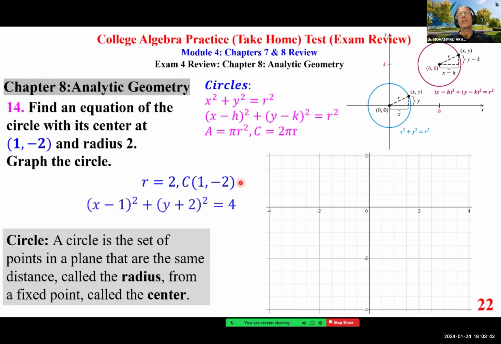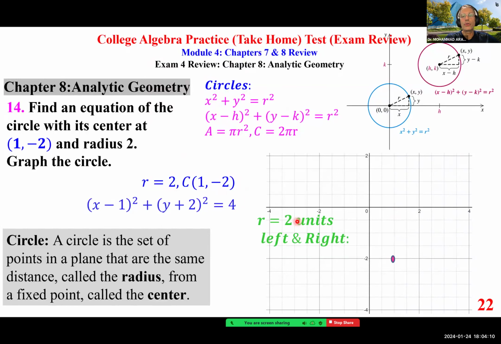Now, in order to graph this, there are easy points. We can locate the center and then go r units to the right and left, r units up and down. So here's the center located at (1, -2). We go to the right and left by r units, so 2 units left and right.